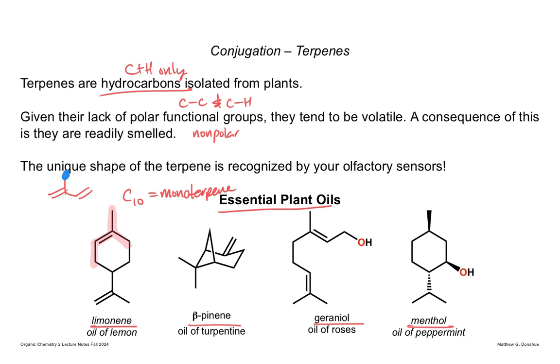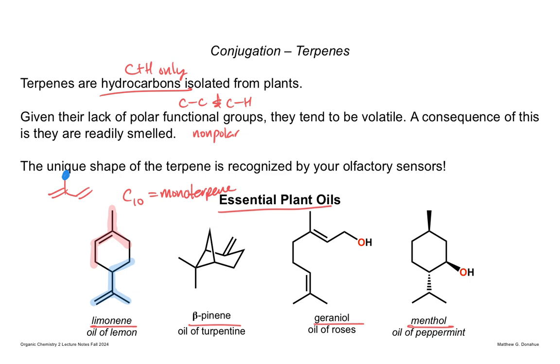Then this next one I'll do in blue. So you can see that 2 of those isoprenes have come together, and then it sort of stops. There's not a 3rd one, but then it's cyclized back onto itself.